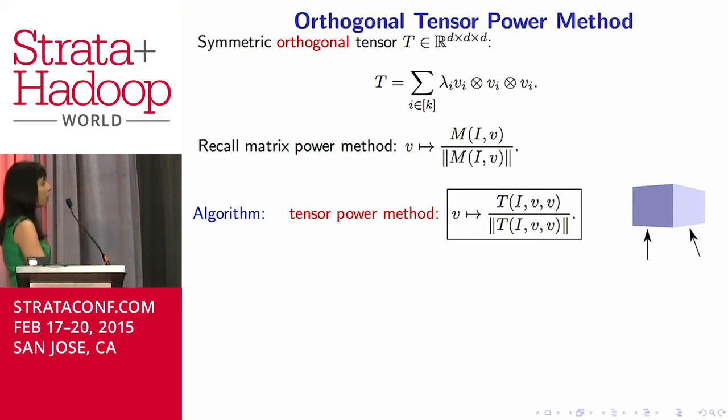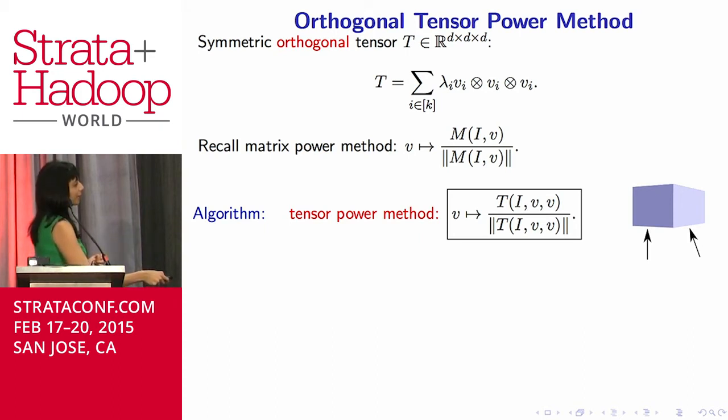So this is the popular matrix power method, and I've written it in this notation to mean that I'm essentially manipulating the matrix along the second mode, or the second dimension here. With a tensor, you can come up with a variant of the power method where you contract the tensor along multiple modes. Here I'm contracting the tensor along the second and the third mode, so that's why the output is a vector.